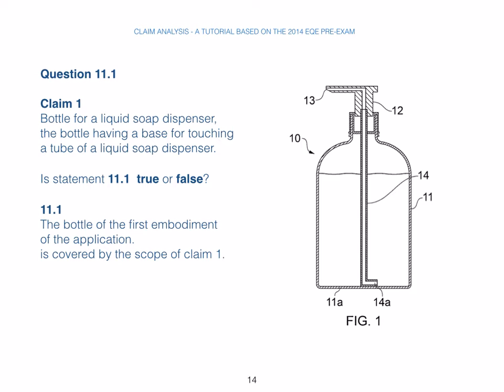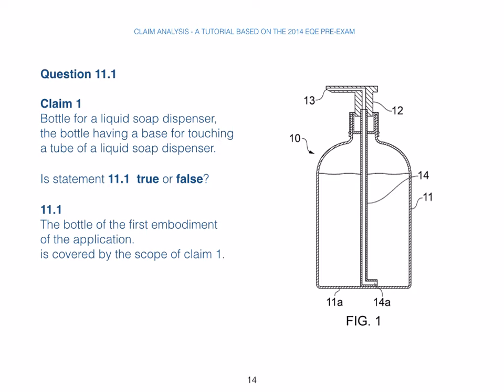Here we have 11.1, which concerns the first embodiment of the invention, shown in Figure 1, which you see there on the slide. To determine whether this embodiment comes under the scope of the claim, we have to compare it with the claim. So let's run down through the embodiment and see what is there.